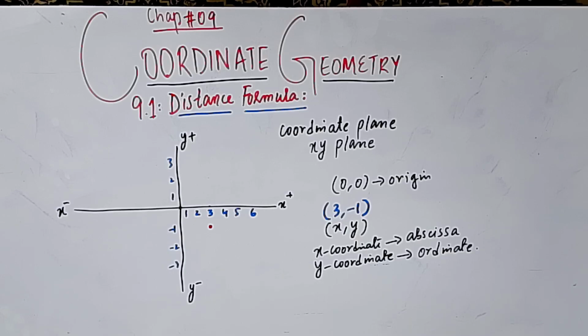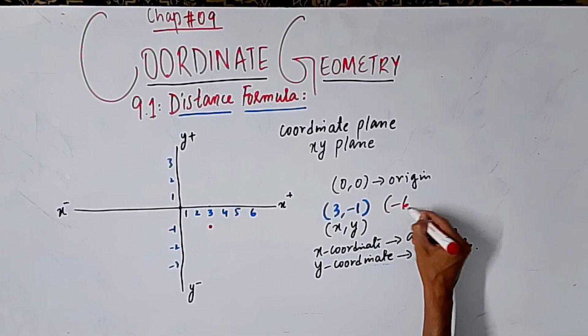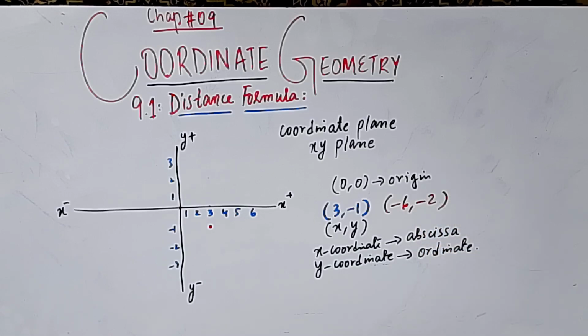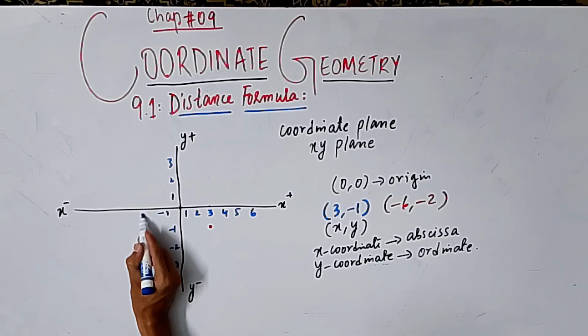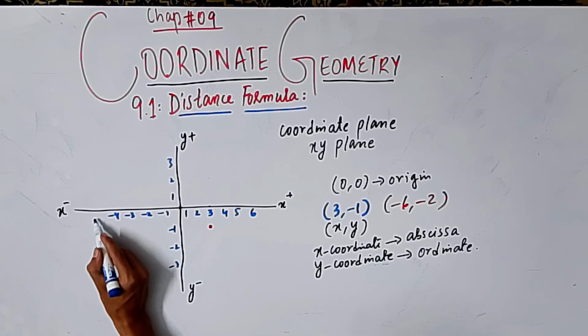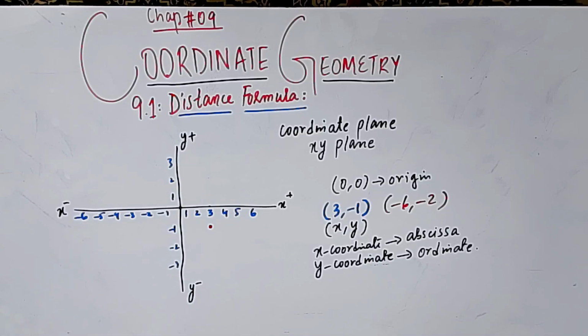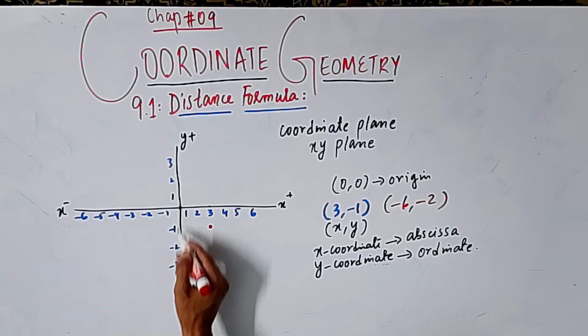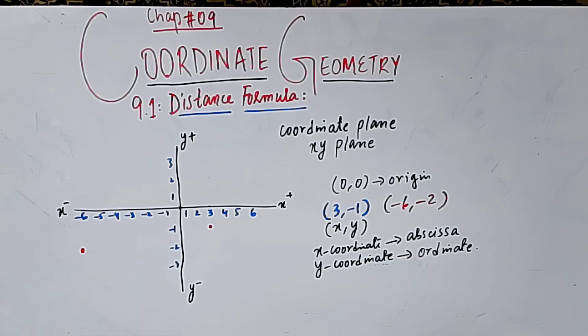If I want to plot another point, minus 6 comma minus 2, then minus 6 must be on the left side. Minus 6 comma minus 2 means 6 steps on the left of the origin along the x-axis and 2 steps downward from the origin. So it must be over here somewhere. This is how you plot or locate the points on the coordinate system.